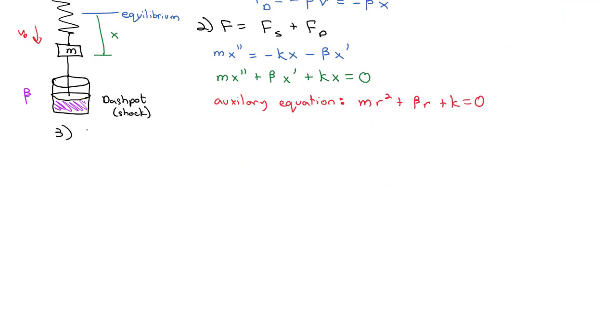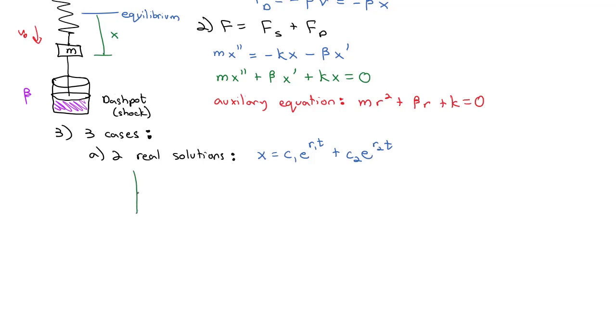And this equation really has three cases for possible solutions. There could be two real solutions. If there's two real solutions, we already know that the equation is going to be of the form x equals c1 e to the first root times t plus c2 e to the second root times t.